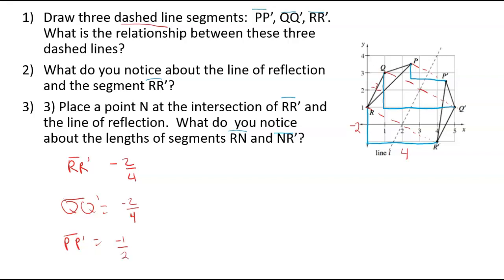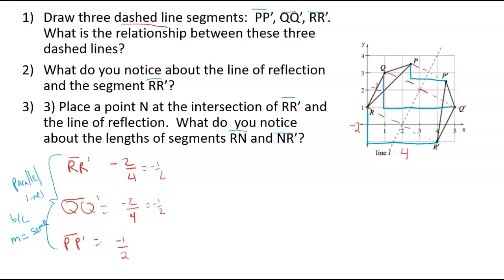So I go over 2. What do all 3 have in common about the dashed lines? These dashed lines all have the slope of -1/2, which means that these are all parallel lines, because their slopes are the same.